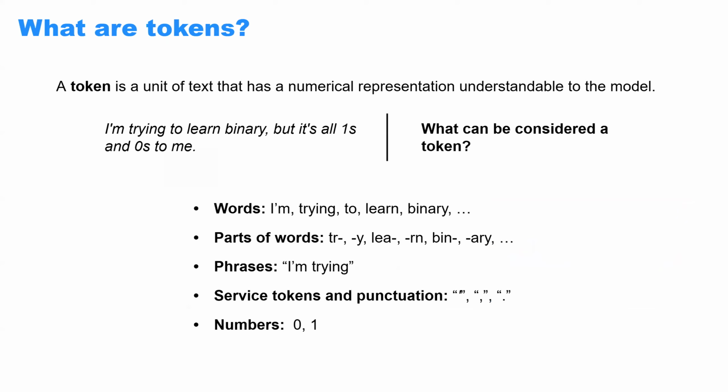So we have to divide our text into parts, into tokens somehow. For example, we can divide our text into words: I am trying to learn binary. But we can also divide it into subwords. For example, trying can be divided into try and ing, etc.